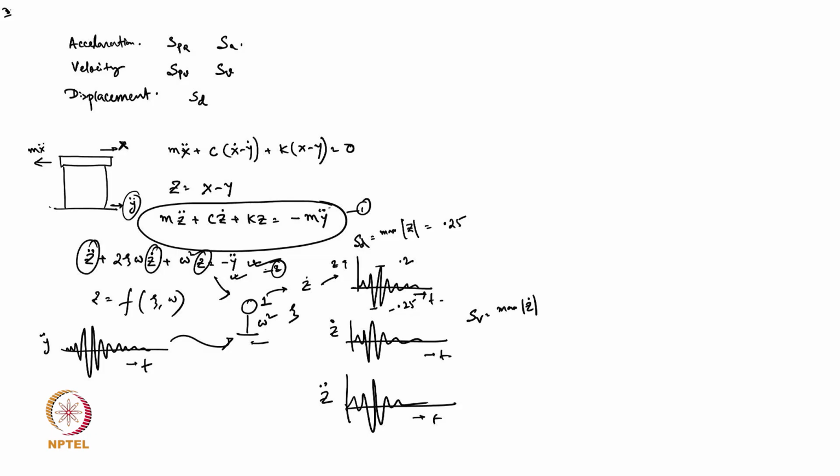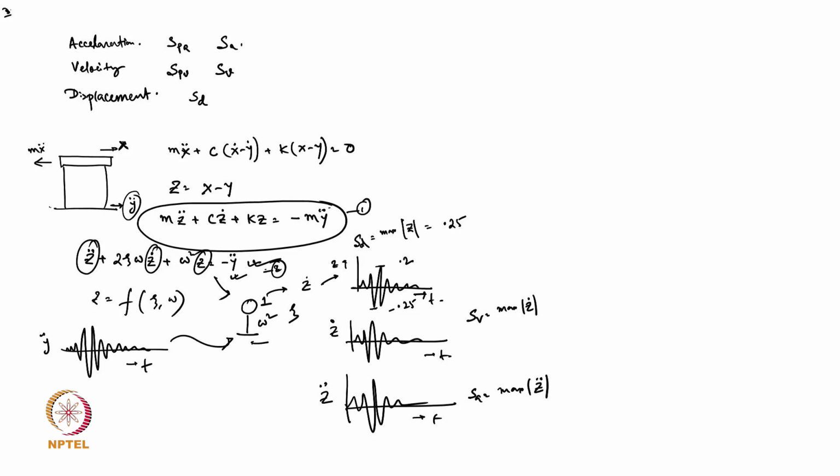Negative or positive is just the direction, but from any practical point of view, you have to design for both, because the direction can change. So SV is the maximum of Z dot, and SA is the max of Z double dot. SA basically tells how much acceleration can be seen by the structure, or what is the maximum inertial force coming on the structure. That we can see by the max of Z double dot.